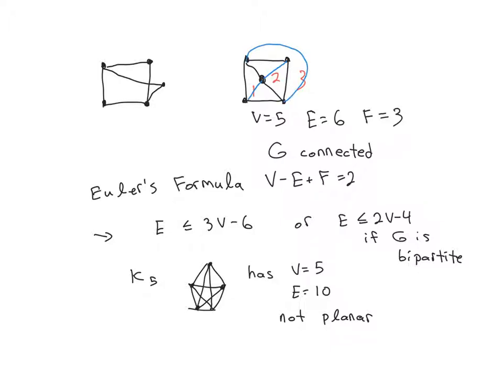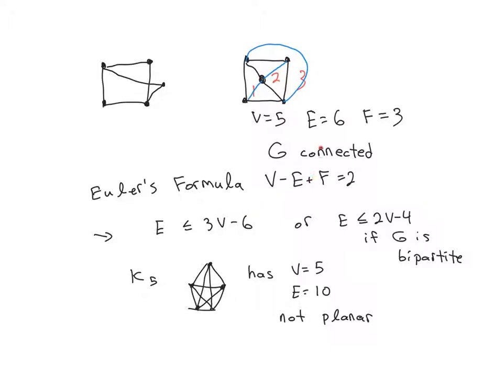And now we see nothing but triangles. If you count the number of edges in this resulting graph, you will see that this bound actually happens. We added 3 more edges, so we have 9 edges, and we had 5 vertices, and 3 times 5 minus 6 is 9.